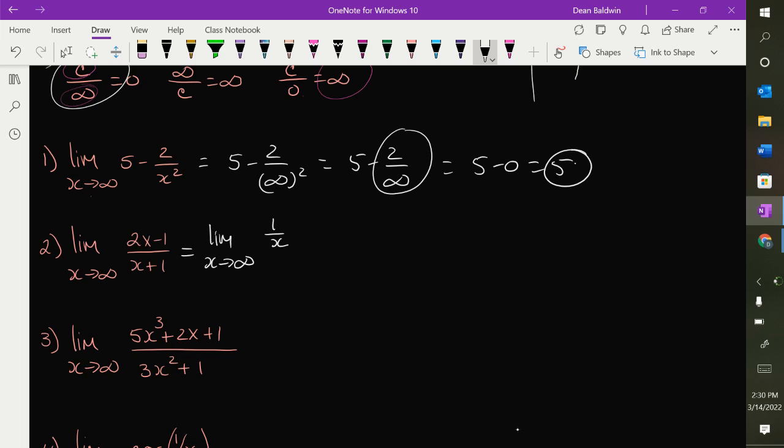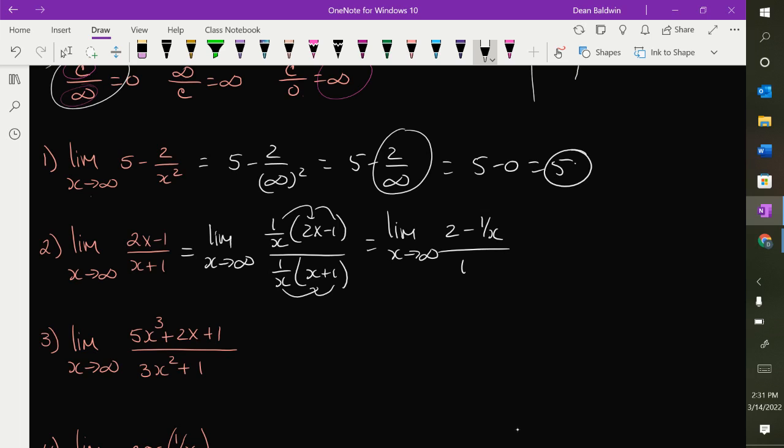So in this case, 1 over x times 2x minus 1. And you have to do top and bottom because then you're really just multiplying by 1. This gets multiplied into there and this into there, and you end up with 2 minus 1 over x over 1 plus 1 over x.